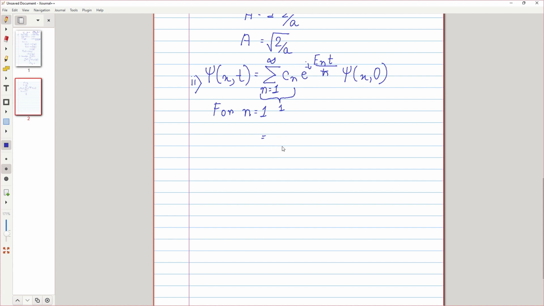So we just write e to the power of minus i En t by h cut times psi of x, which can be written as root 2 by a sine pi x by a.